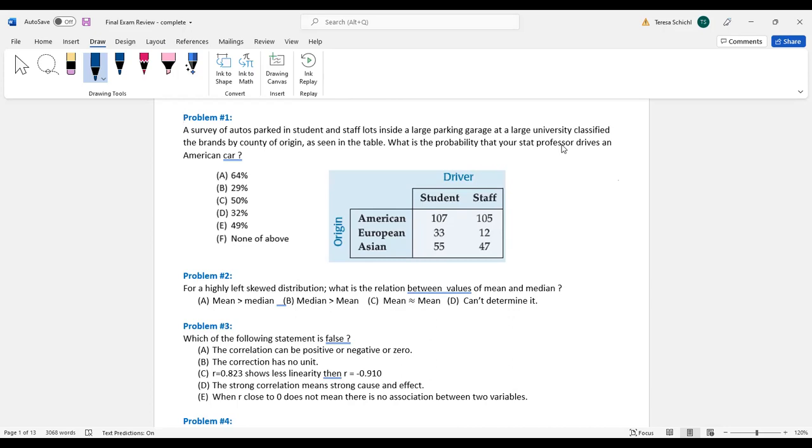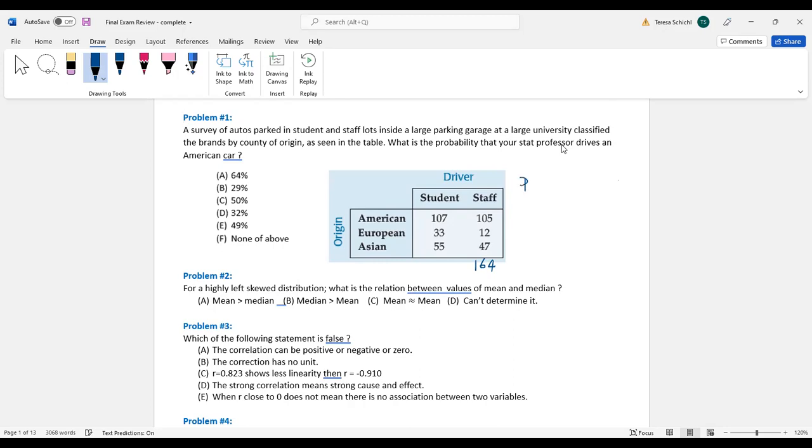So take a look here. If you add all this together, you get 160, I think this is 164, right? So you have a total of 164 staff. Given you see a staff driving out of the garage, the number with an American car is 105.